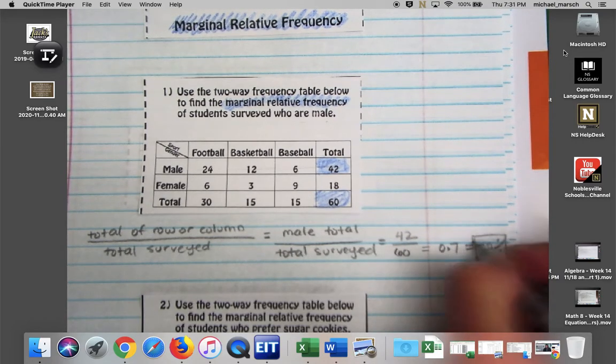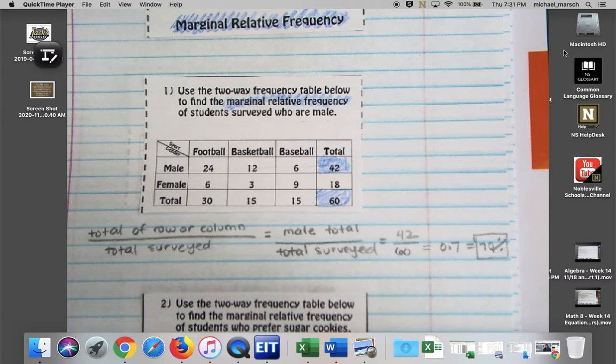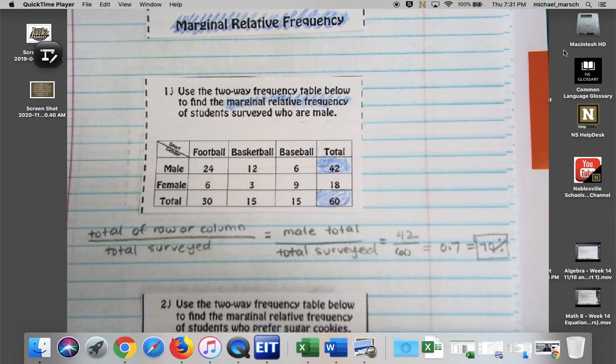So 70% of the people surveyed were boys. Now, if you guys had paid attention in any of your other math classes, you would probably be like, hey, that doesn't seem right. Shouldn't you have equal number of people distributed per group you're asking? And yes, you should, but it is what it is. So 70% is our marginal relative frequency that the students surveyed were boys.